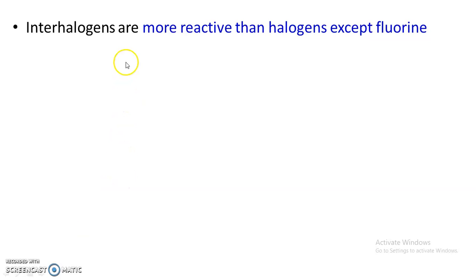Now interhalogen compounds are more reactive than pure halogens like chlorine, bromine, iodine. There is an exception: fluorine is even more reactive than interhalogen compounds, and therefore interhalogen compounds are more reactive than halogens other than fluorine.